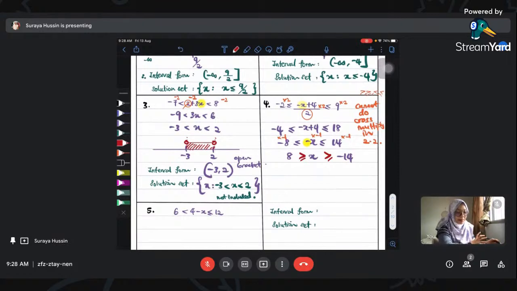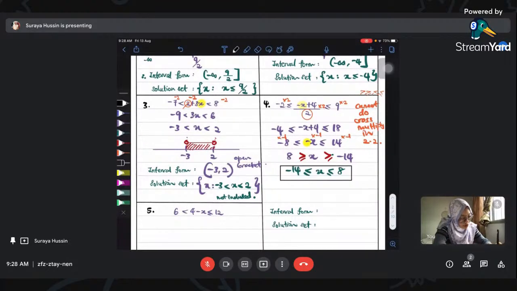Do you see how it works? When negative 4 is smaller, this end is smaller. This one is very small, of course, negative is very small. That's why the sign must be changed. Or I prefer to write it as negative 14 less than or equal x less than or equal 8. I correct it back into this form.